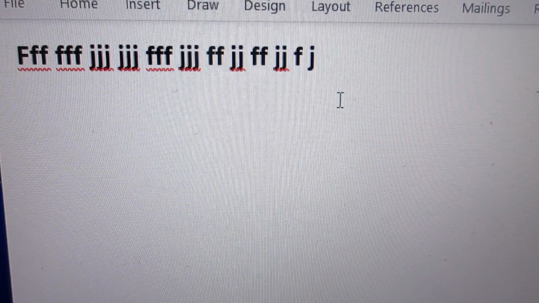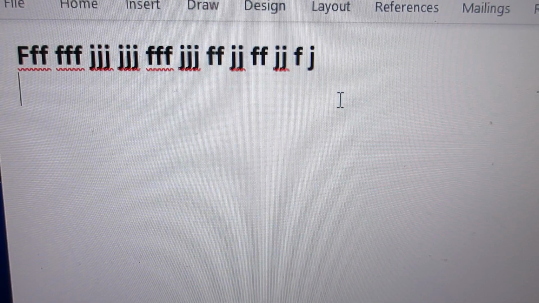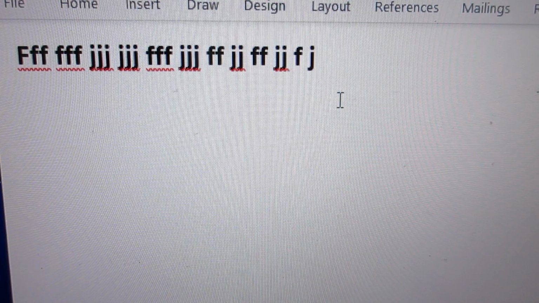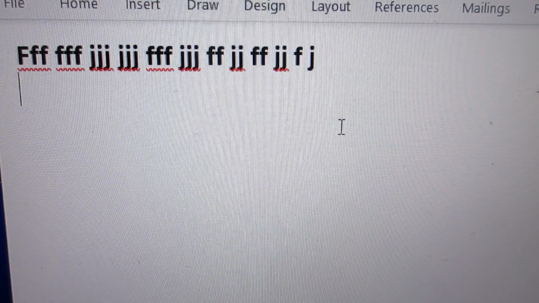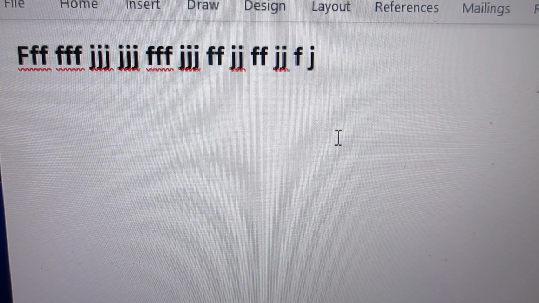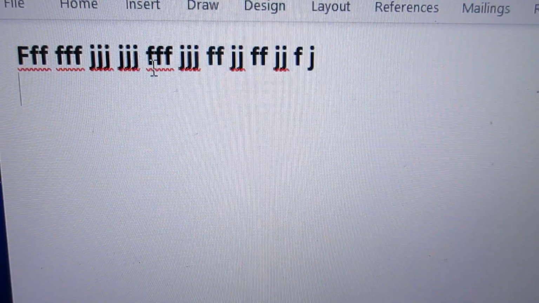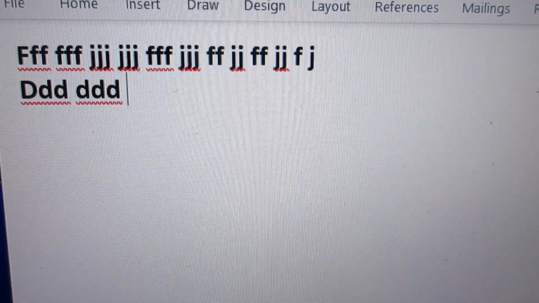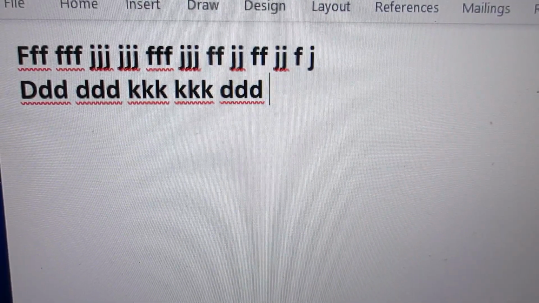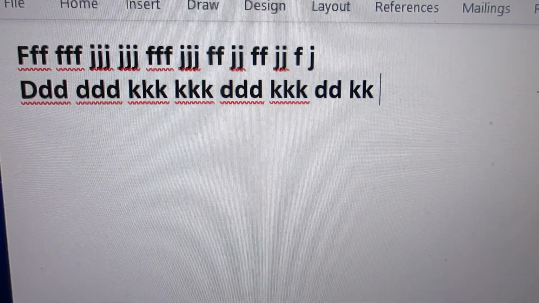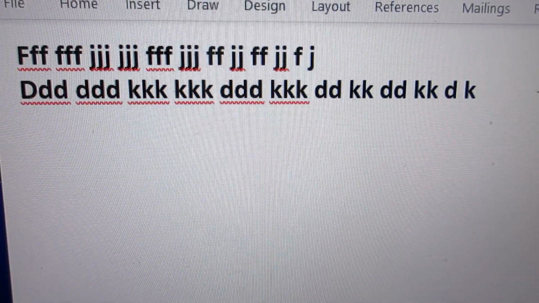So now let's do the D and K keys. This time the A and the same fingers, the fourth finger on your left, remain on the home keys while typing the D and K. Okay, so it goes like this: D space D space K space K, D space K space D space K, D space K. Enter key.